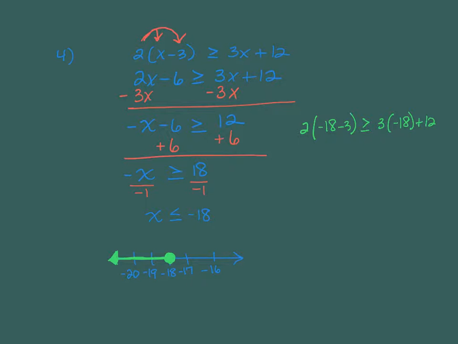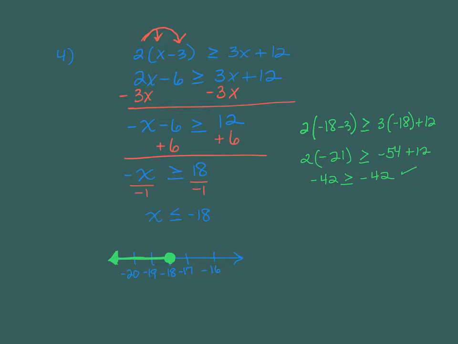So you got to do negative 18 minus 3 first, which is negative 21, times 2. Over here, 3 times negative 18 is negative 54. 2 times negative 21 is negative 42. Is greater than or equal to negative 42. So this is the equal to part. Negative 42 is equal to negative 42, so we're good.